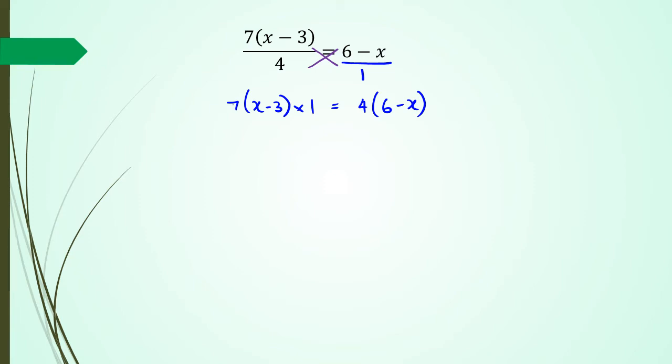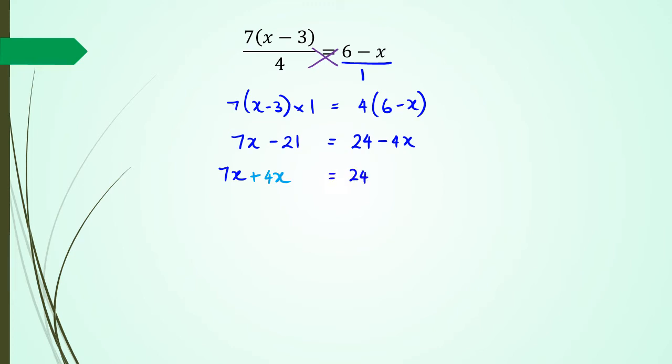So we've got 7 times x times 1. Well, we don't really need to worry about the times 1. So 7 times x is 7x. 7 times negative 3 is negative 21. Equals 4 times 6, which is 24, and 4 times negative x, which is negative 4x. So rearranging this, we're going to get 7x, negative 4x when it comes to the left-hand side will become plus 4x, equals 24.